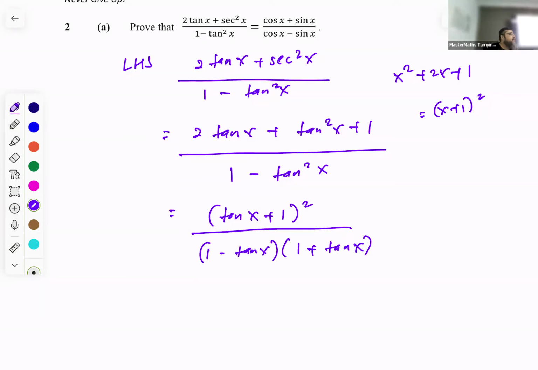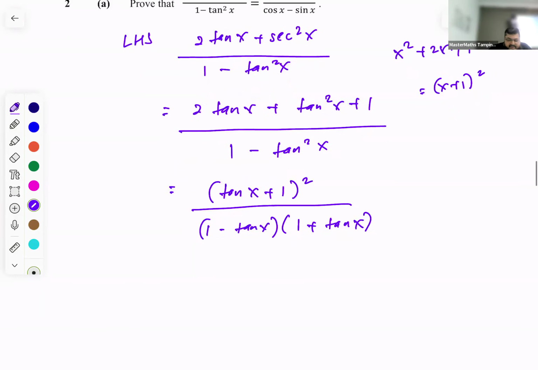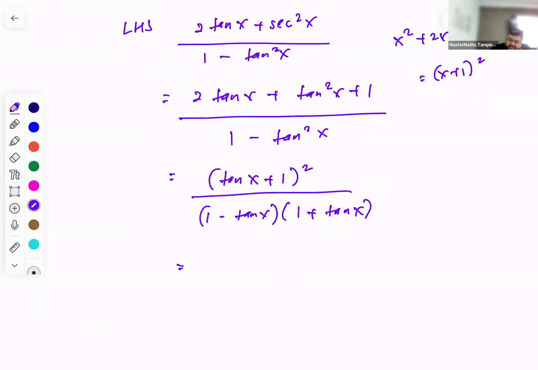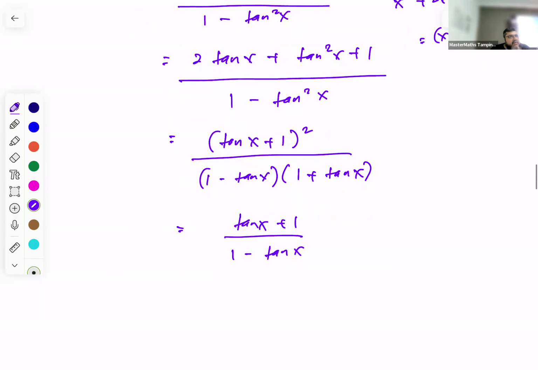Is this and this the same? Same, right? So I can cancel out 1. So what I have is tangent x plus 1 over 1 minus tangent x. Correct or not? Until here, everyone clear?